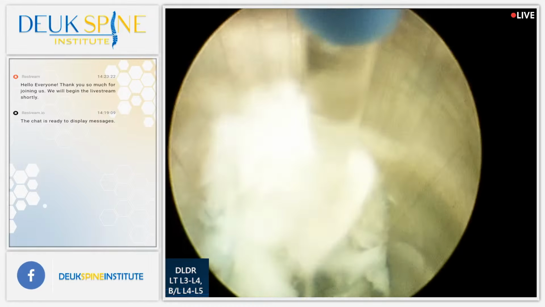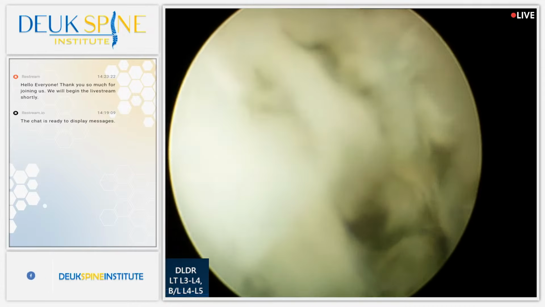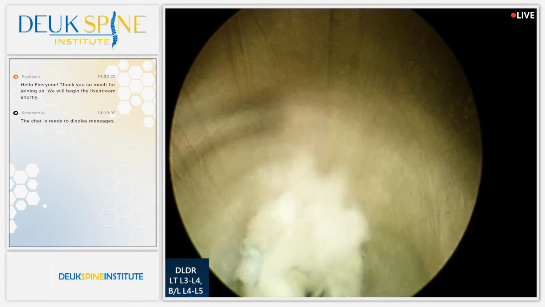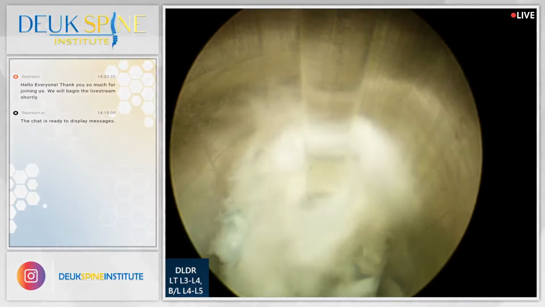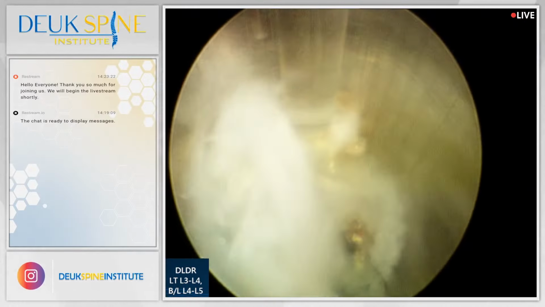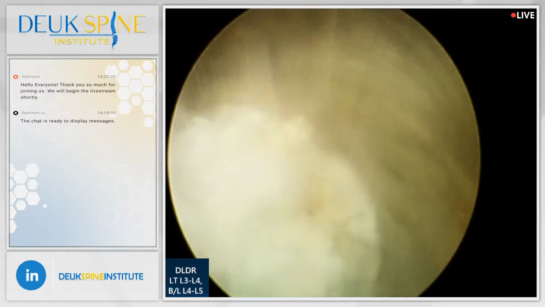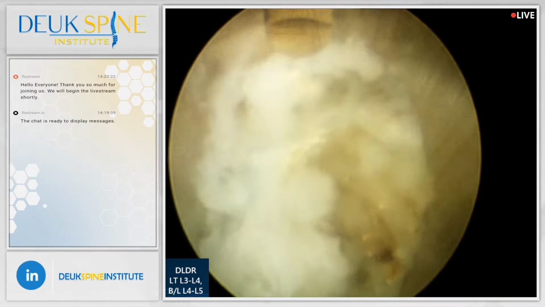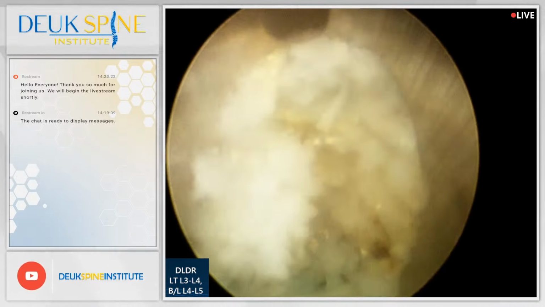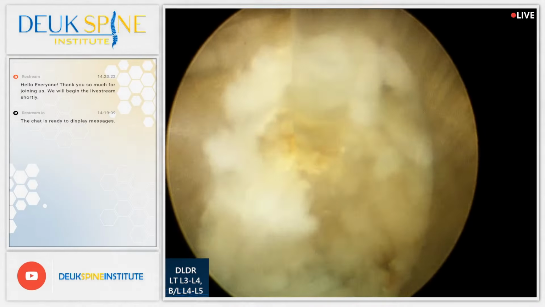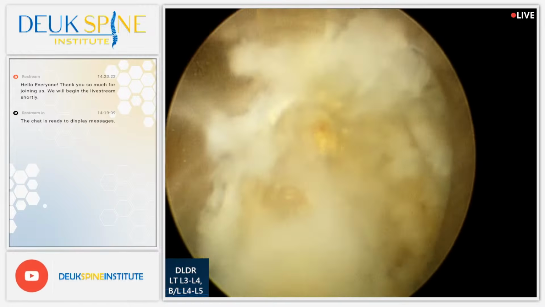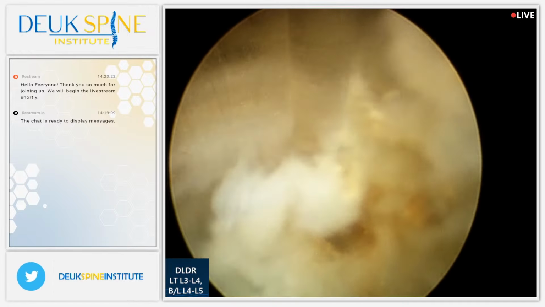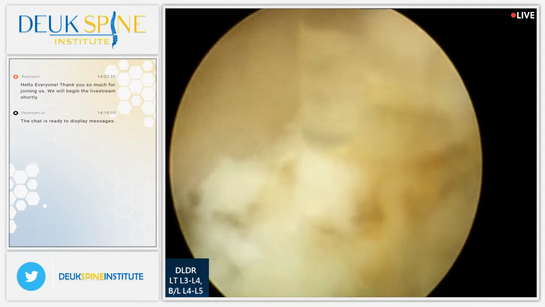And our last patient is from Canada. So we have representations from the United States, from Michigan, Florida, Utah, Georgia, and our last patient is Canadian, all the way from Ottawa.